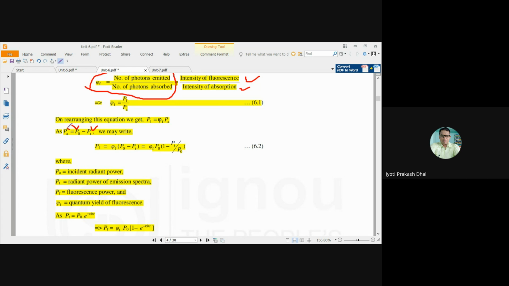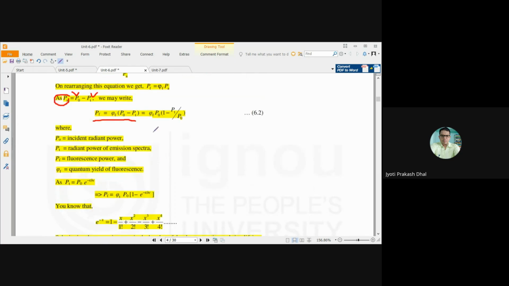That's why the intensity of absorption PA equals P naught minus PT, and hence we can write PF equals QF into (P naught minus PT), which equals QF P naught into (1 minus PT by P naught).